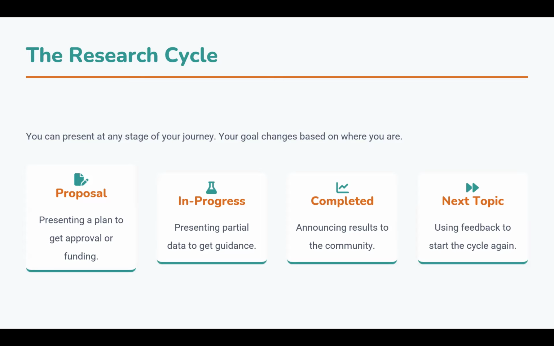So remember that this is a research cycle. Everywhere in your research cycle, you have to be prepared to do presentations at the proposal stage, progress stage, and completion stage. Yeah, perhaps doing presentations is part and parcel of research.